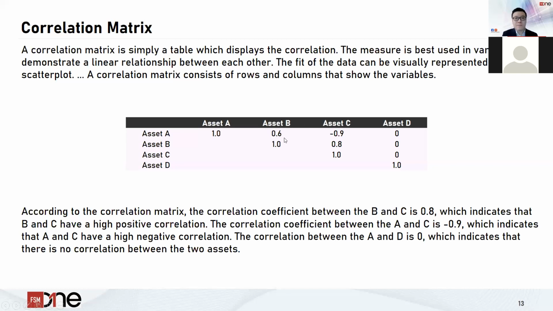That means the correlation coefficient between asset A and B is 0.6, which is positively correlated. Not perfect, but positively correlated. Asset A and C is minus 0.9. So that means they have negative correlation, and quite close to perfect negative correlation over here. And lastly, A and D is 0. So there's no correlation between asset A and D. Okay.